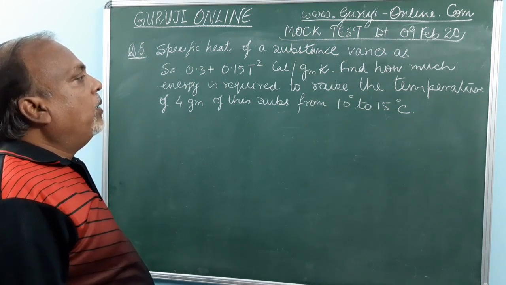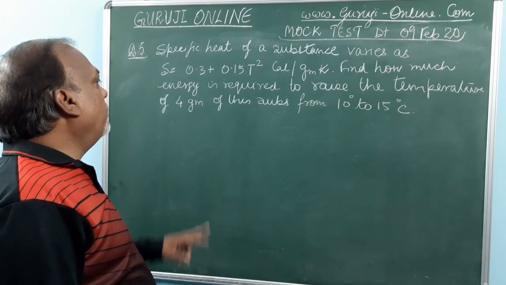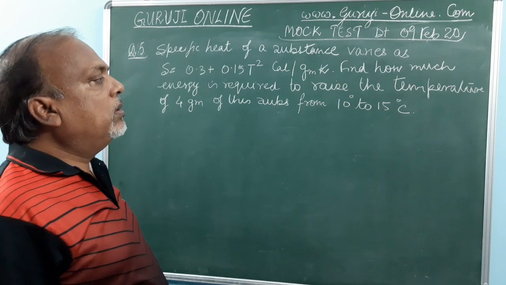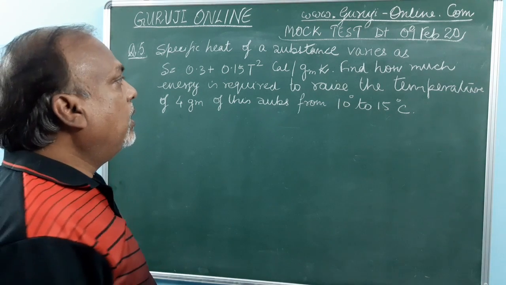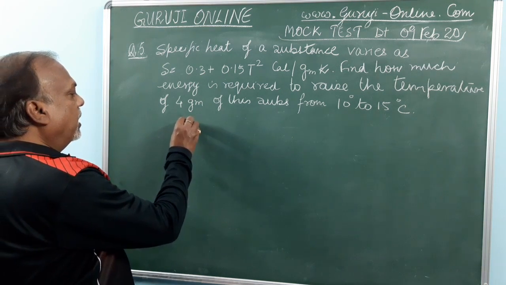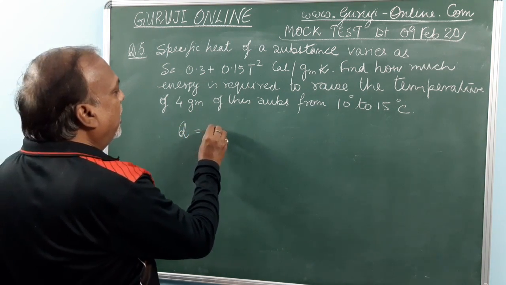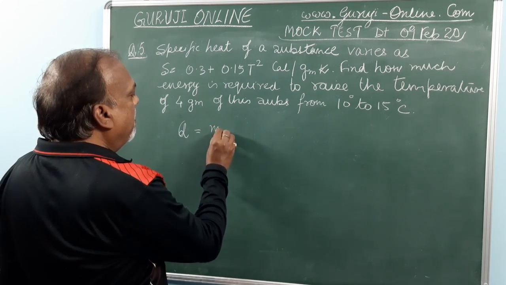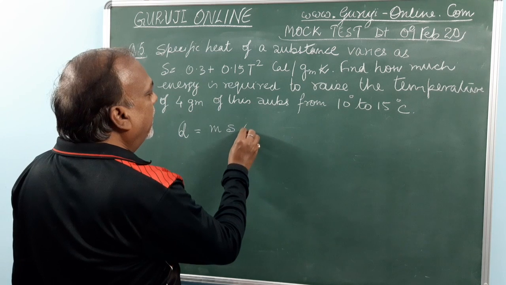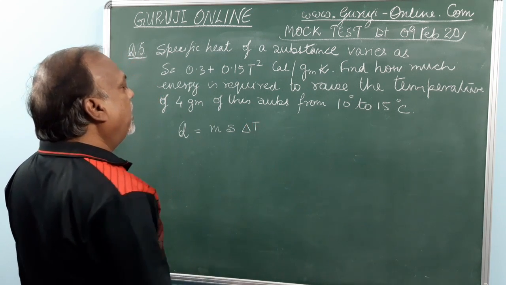Find how much energy is required to raise the temperature of 4 gram of this substance from 10 degree to 15 degree. So like in the previous problem, heat energy is nothing but Q is equal to M S delta T, correct?